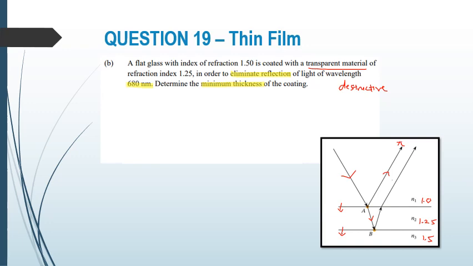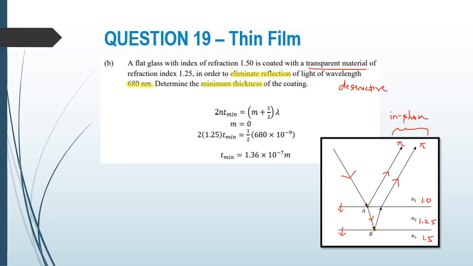So once again, the reflected ray also undergoes pi radian phase change. When both light rays undergo pi radian phase change, then we say it is an in phase source. If you have in phase sources and it undergoes destructive interference, then the equation that you should use is (m plus half) lambda.